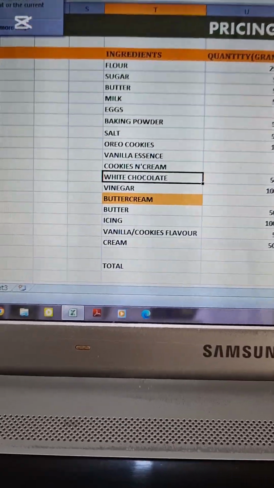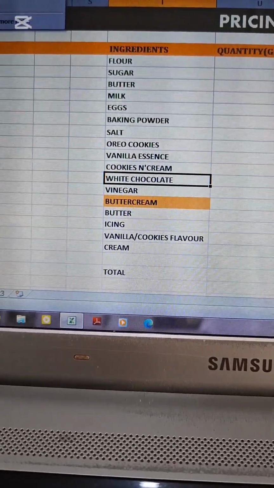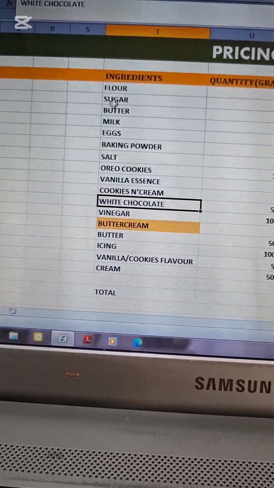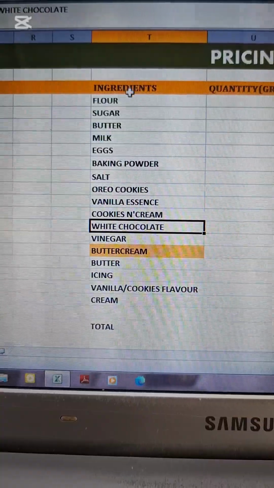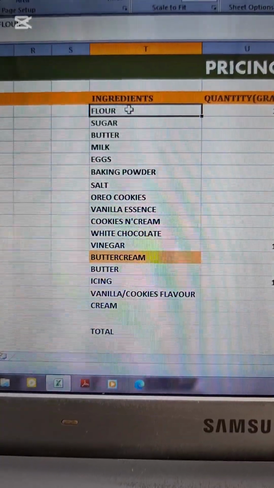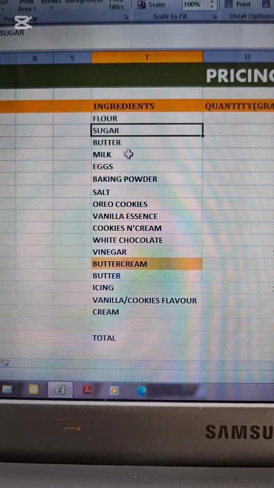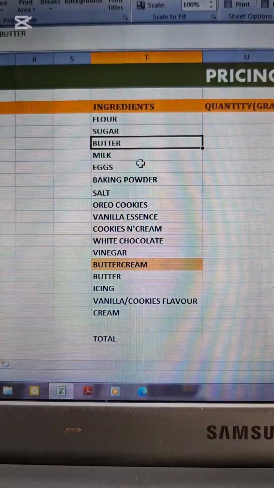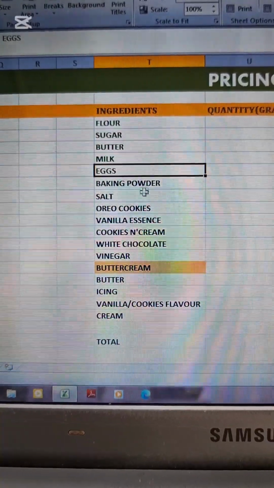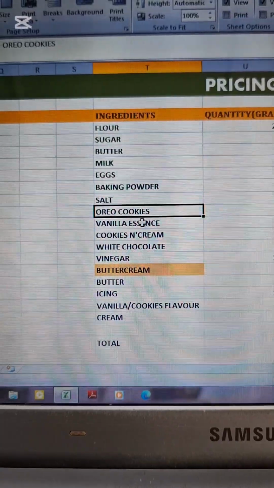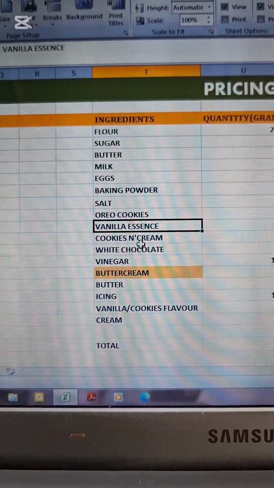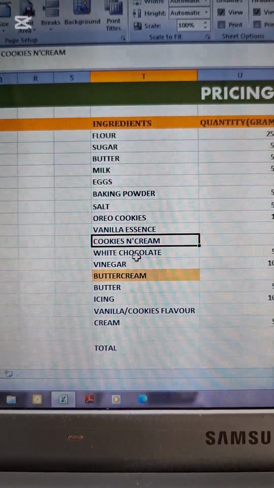I also make another category for the things that are indirect and are fixed, like cake boards, cake boxes, electricity units, water, and so forth. And for labor, I just multiply the number of hours it takes me to make a dessert by my hourly rate, add the profit margin, sum that total together, and that's our selling price. So let's break that down.